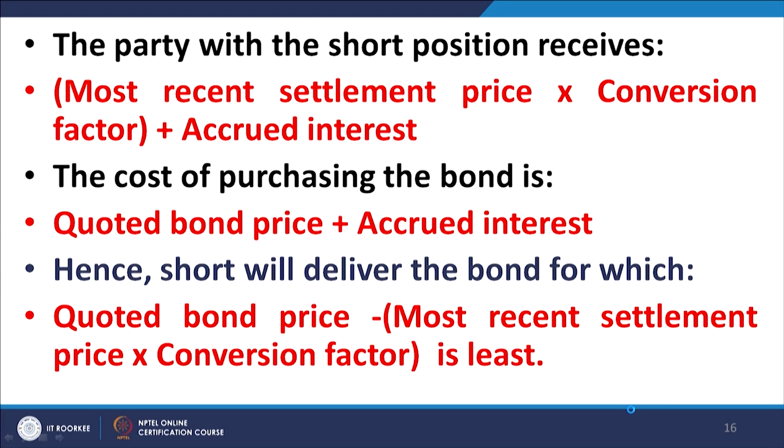Why? Because the settlement price is quoted in terms of the standard bond. So, whatever bond he is going to deliver, it will have a conversion factor if it is not the standard bond. Multiplying the settlement price with the conversion factor gives us the cash in relation to the delivery of the bond, plus of course, we have the accrued interest for the period which has elapsed.